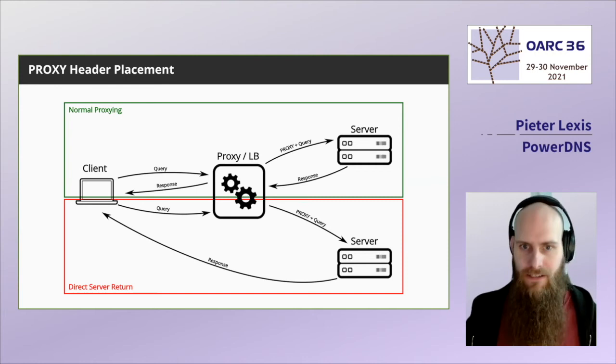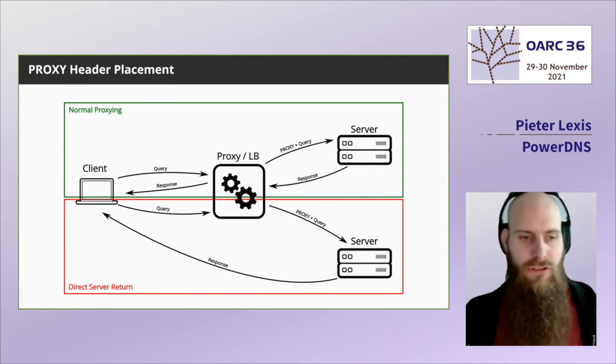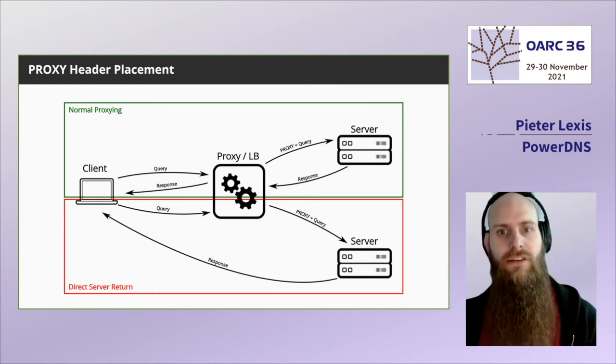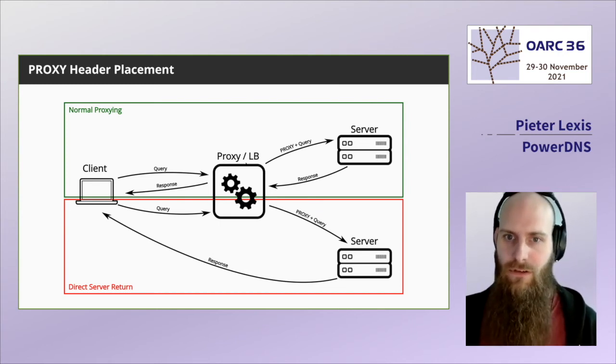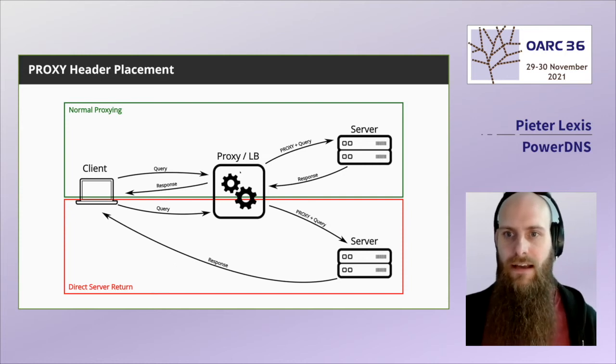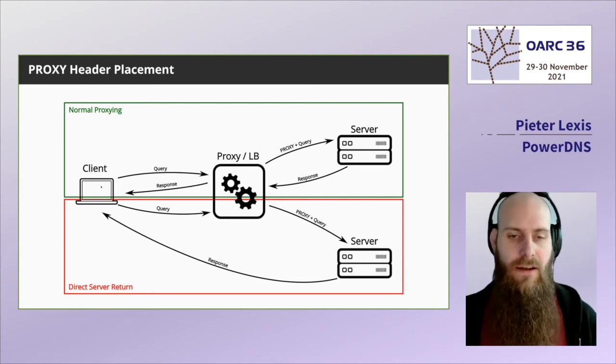Where exactly are these headers placed? These are the two most implemented options. The client will send a query that comes to the load balancer or proxy. Then the proxy will prepend the proxy header and send the original query to the backend server, which then responds without any proxy information to the load balancer, and then the load balancer passes on that response to the client.